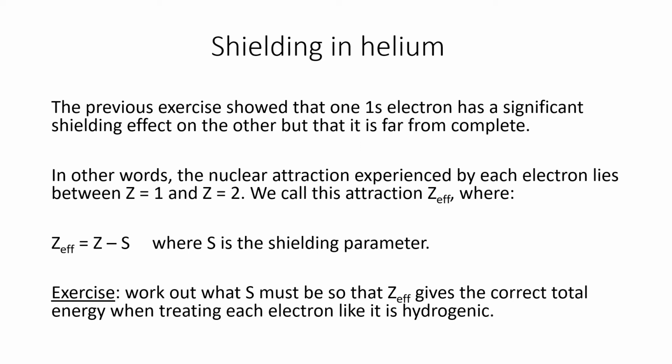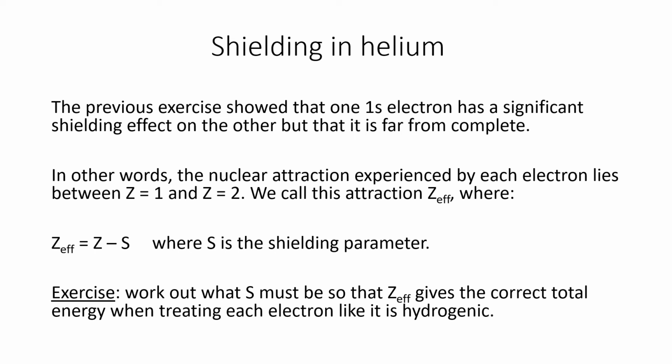Here we introduce the idea of the so-called effective nuclear charge, and this should be something you've come across before in chemistry. Effective nuclear charge is often spoken about when looking at trends in the periodic table. You might have looked at trends in, let's say, atomic radius or ionization energy across period 3. Quite likely that effective nuclear charge came up in that discussion.